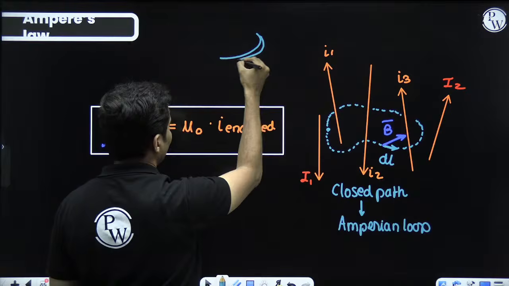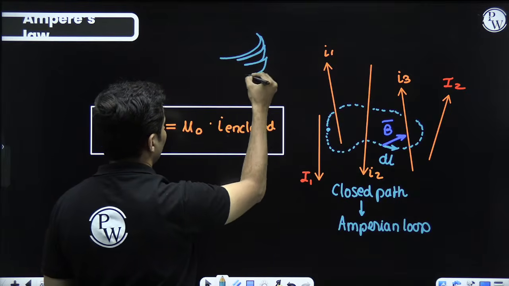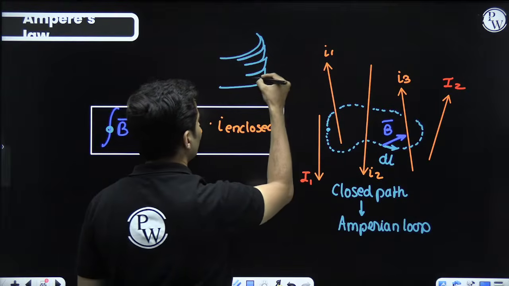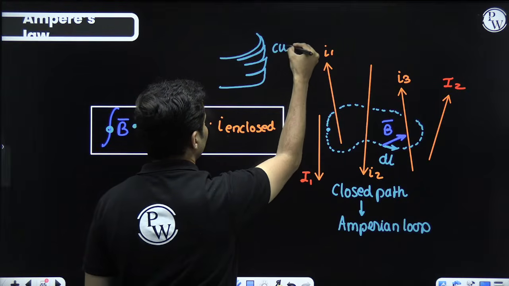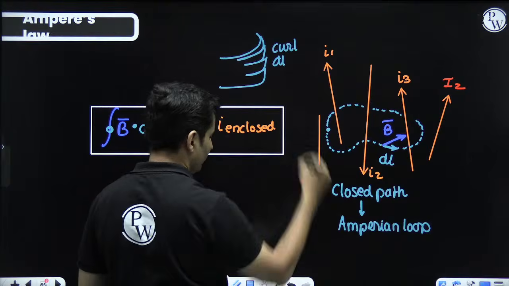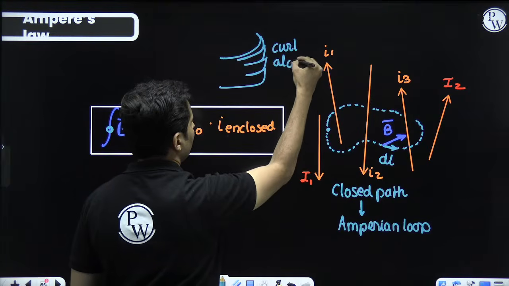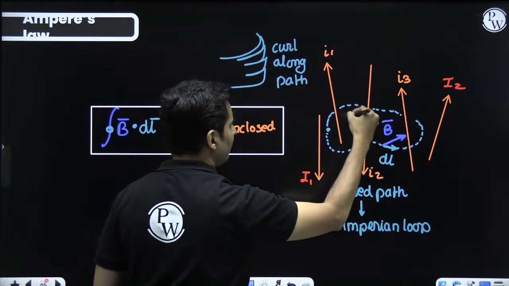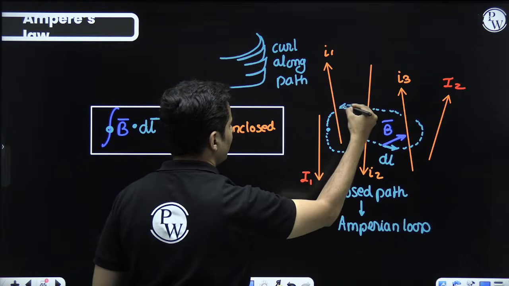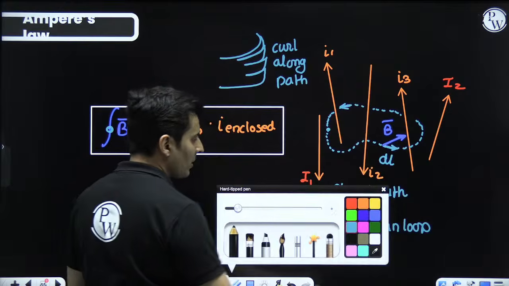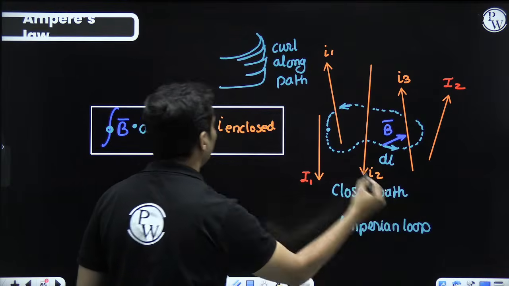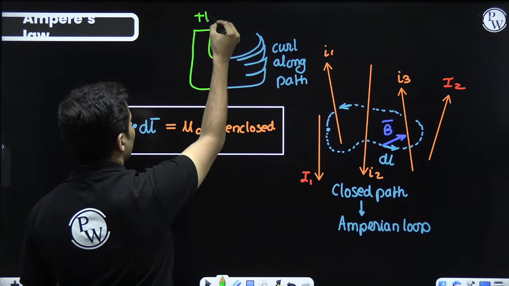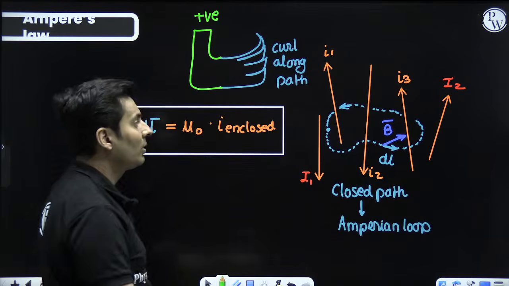So curl the fingers of your right hand, along the path that you are traveling. Your thumb will automatically point in the positive direction of the current.